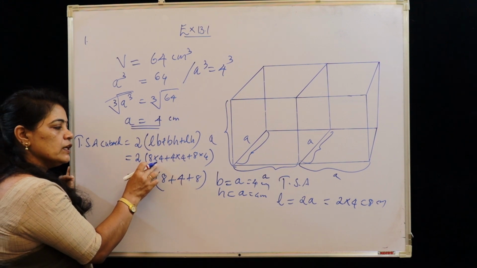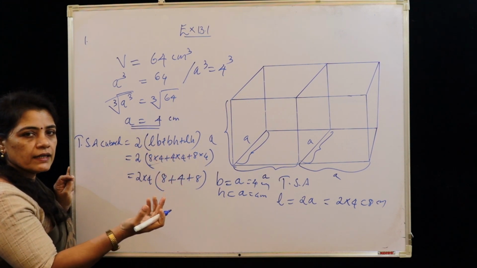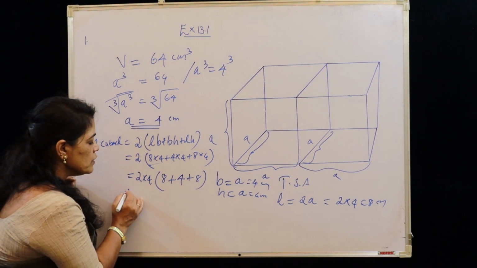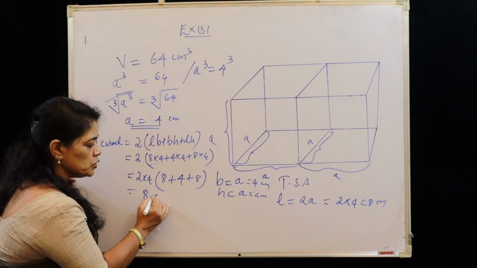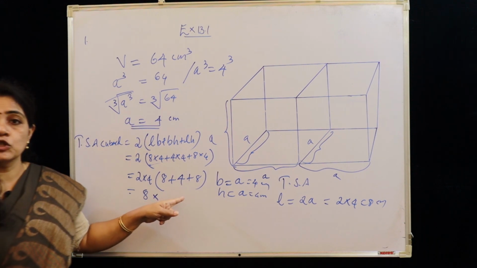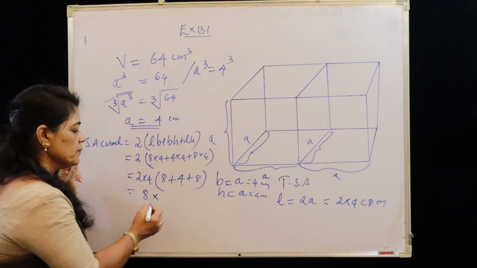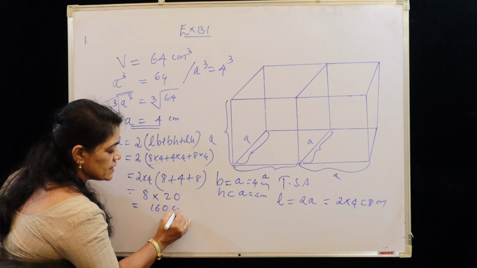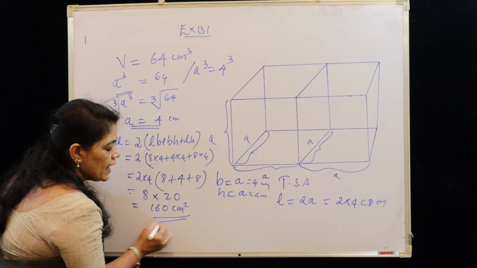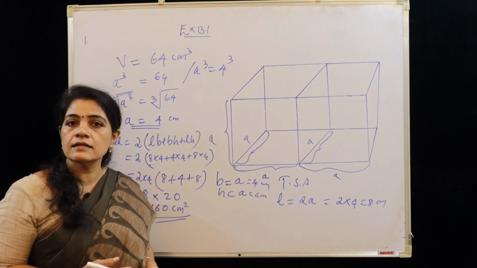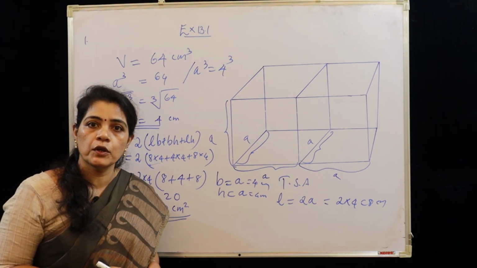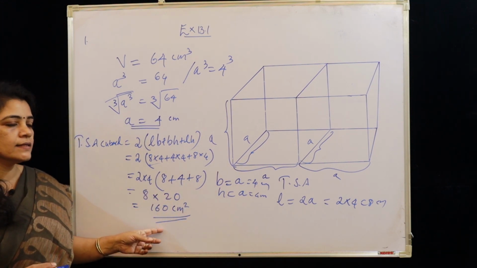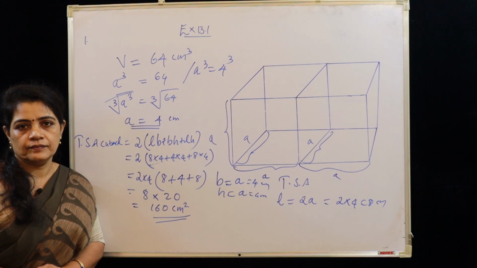Or you can add 32, 16 plus 32, it doesn't matter. Doing it like this makes it a little simpler. So 2 fours are 8, into (8 plus 4, 12, plus 8) that is 20. And 8 into 20 is 160 centimeter square. Area, both the TSA and CSA, should always be expressed in square units. So the TSA of the resultant cuboid is 160 centimeter square.